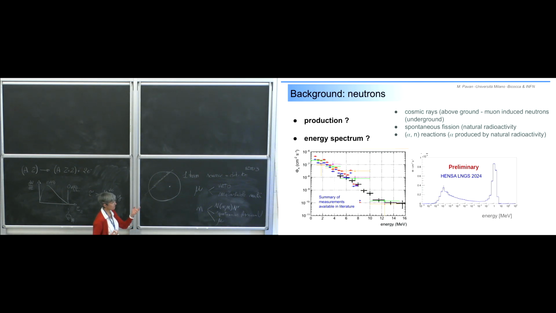So what is the spectrum of these sources? Mainly these two sources produce neutrons that can have energies up to 6-10 MeV, and neutrons produced by muons can have even higher energies.